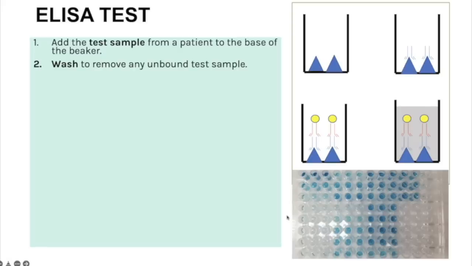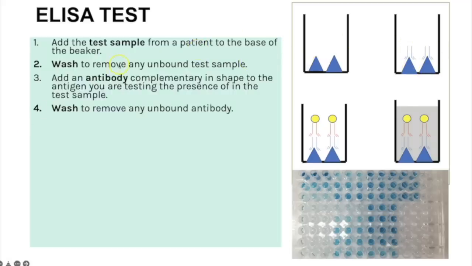Now, another test we can look at is this one here for the ELISA test, where you would add the test sample from a patient to the base of a beaker, then wash to remove any unbound test sample. Then we add an antibody complementary in shape to the antigen you are testing the presence of in the test sample. Again, we then wash to remove any unbound antibody.